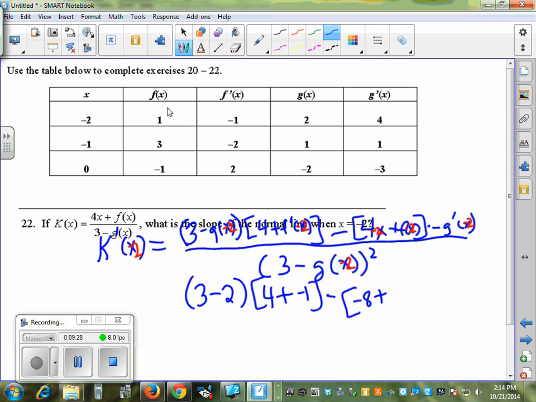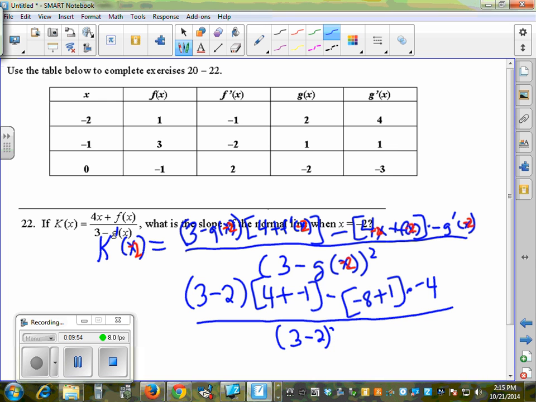That would be 1 times the negative value of the derivative of g when x is -2. That would be 4 over 3 minus the value of g when x is -2. That is 2 squared.